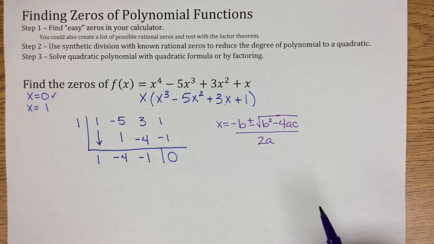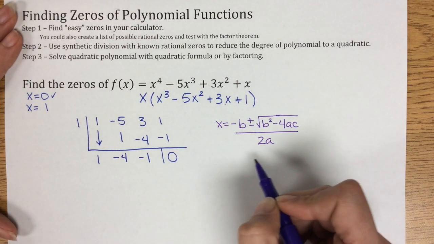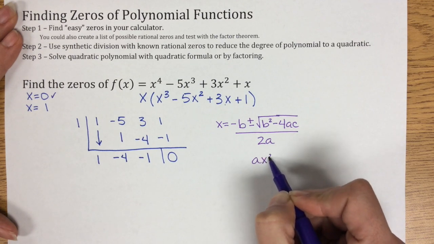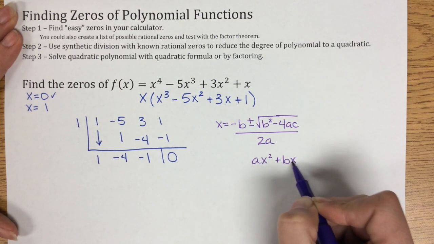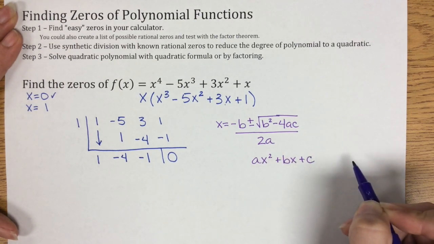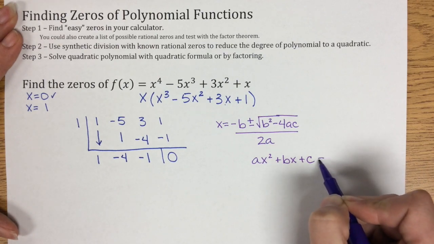Now, what does the A, the B, and the C stand for? Well, if you think about the standard form of a quadratic, you'll remember it is ax squared plus bx plus c. And when we're solving quadratics, we set that equal to 0.